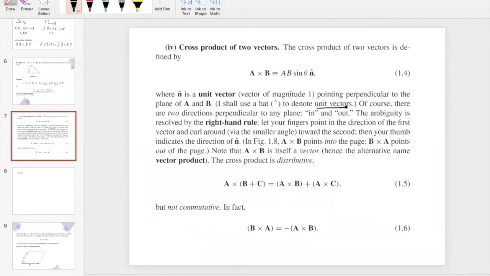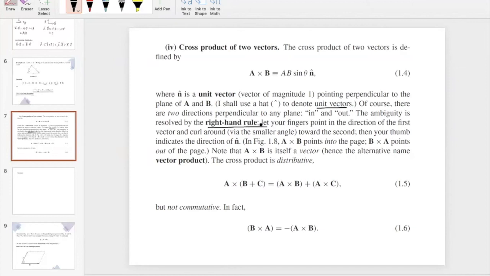That means the magnitude of n is 1, and the direction of n obeys the right-hand rule. Do you remember what the right-hand rule is? I think you have learned it in some other courses.